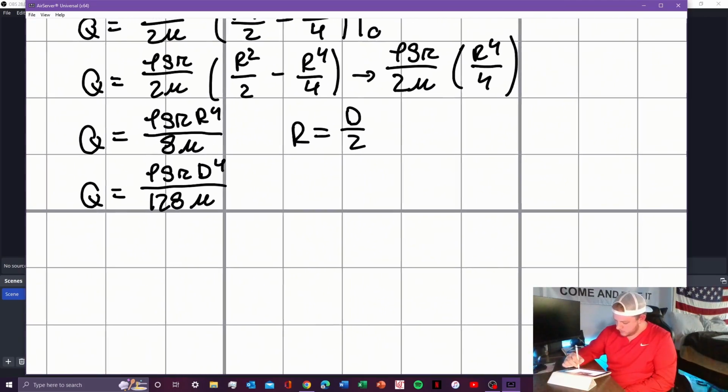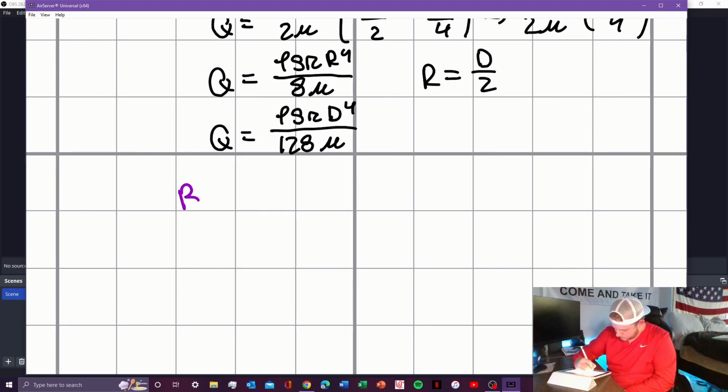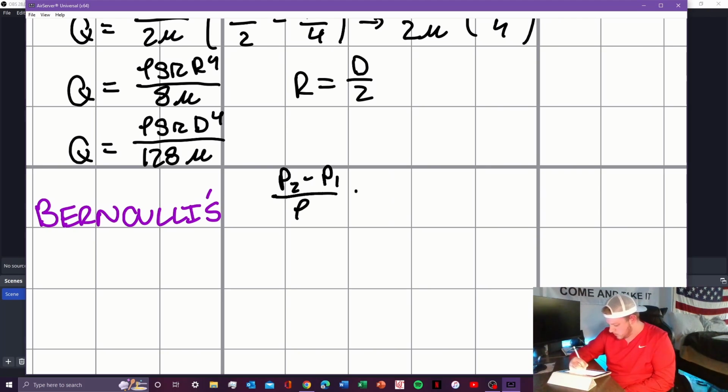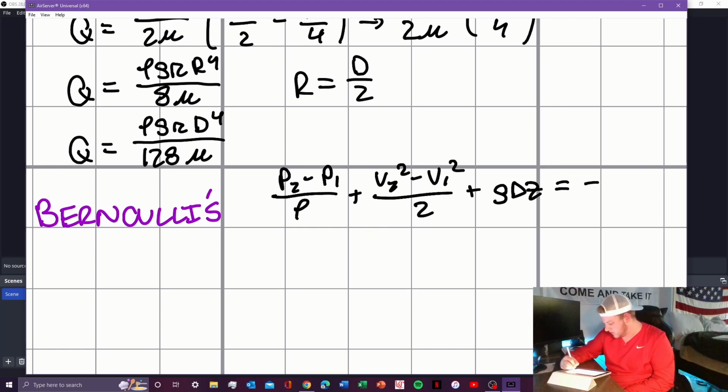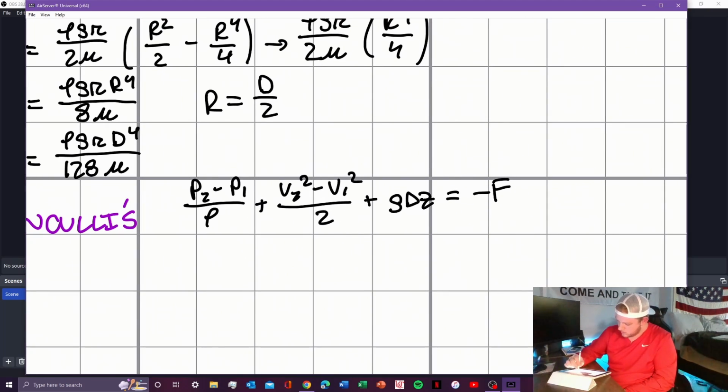So the next part we need to talk about is the Bernoulli equation, which is equal to P2 minus P1 over rho plus V2 squared minus V1 squared over 2 plus g delta z is equal to the negative frictional heating constant.